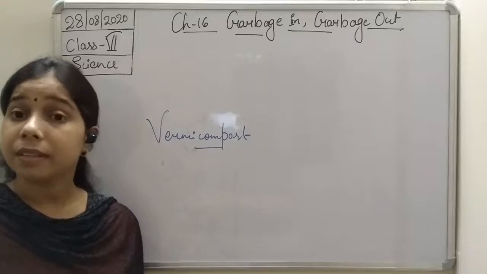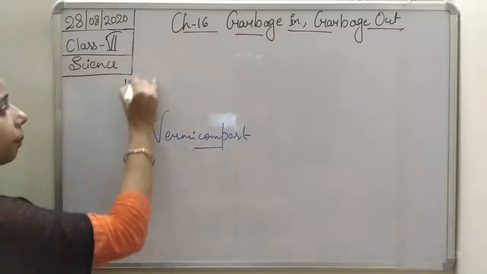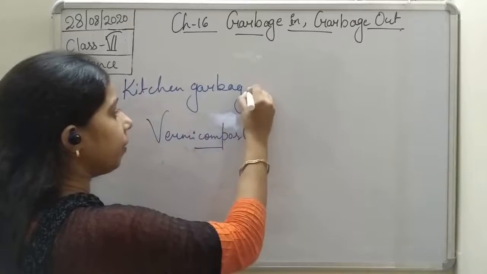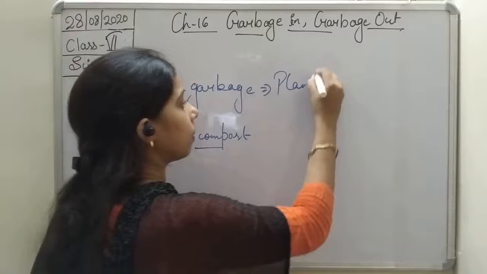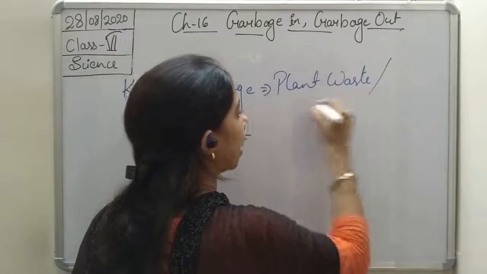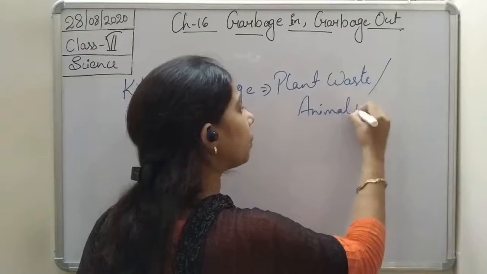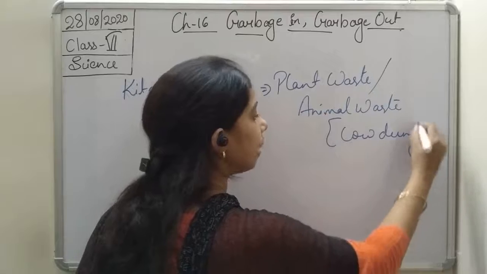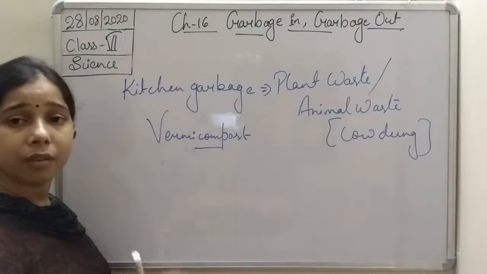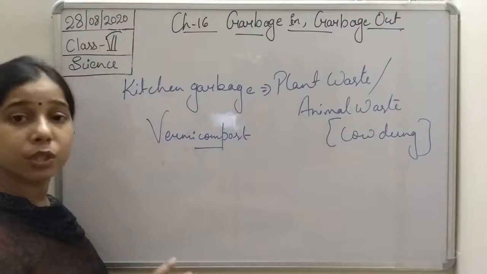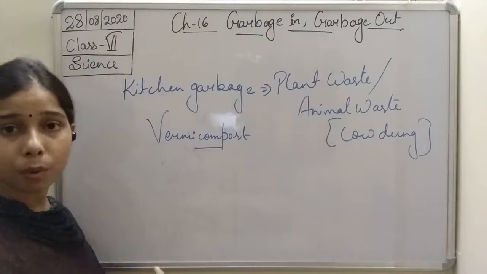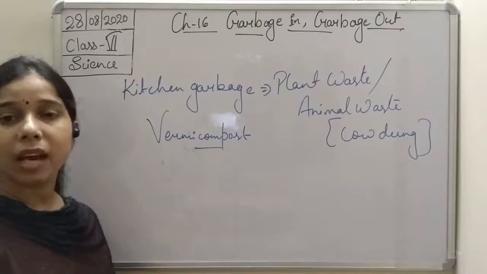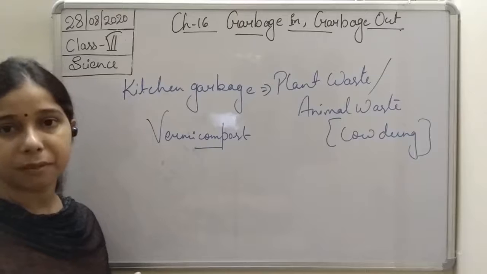It means we were discussing the kitchen garbage, which is basically plant waste or animal waste. Here when we talk about animal waste, we are simply talking about cow dung. So till now we were talking about waste which can be decomposed with the help of microorganisms, or which can be converted into compost easily.